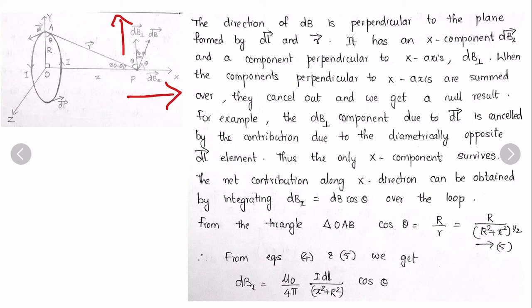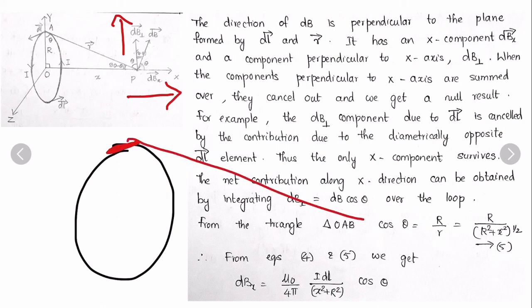Then what happens here is, if you resolve for the full circle, that is the full circular coil, I'll show you here. On the top we have taken one DL bar. Because of that, the y component will be in the upward direction. Down another DL will be there.